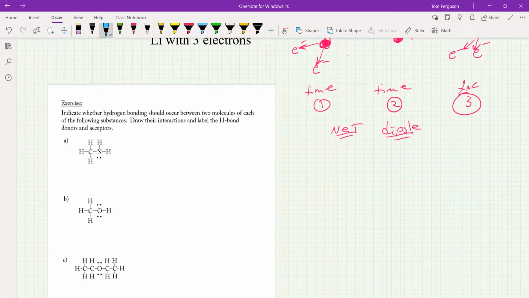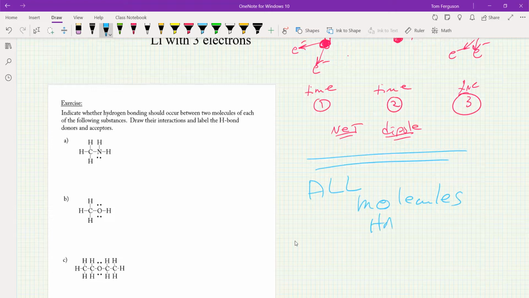So importantly, all molecules have London dispersion forces, no exceptions. Okay, all molecules have London dispersion forces.